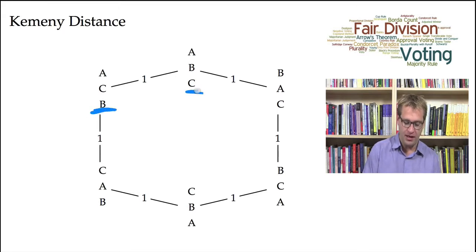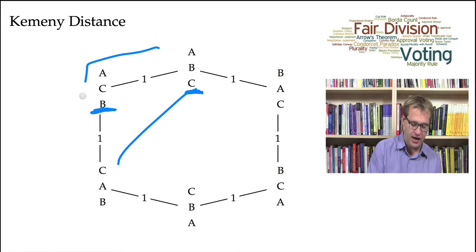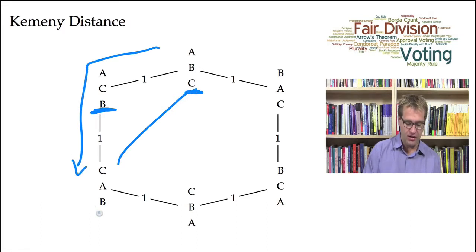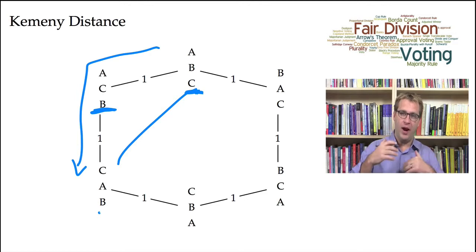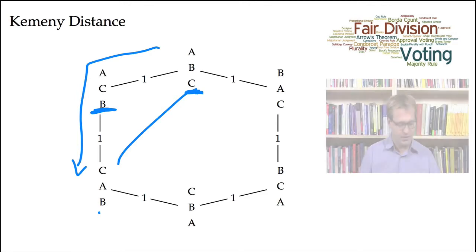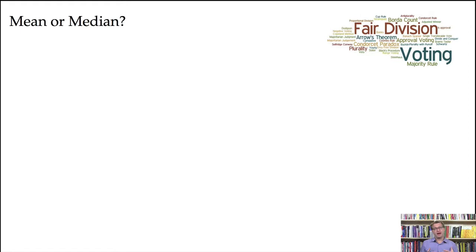To figure out what the Kemeny distance is between A over B over C and C over A over B, we just follow the diagram. We find the shortest path between A over B over C and this node, and we see the shortest path is 2. So the distance between those 2 rankings is actually 2. This is just a useful way to visualize the Kemeny distance between all the rankings over 3 alternatives.